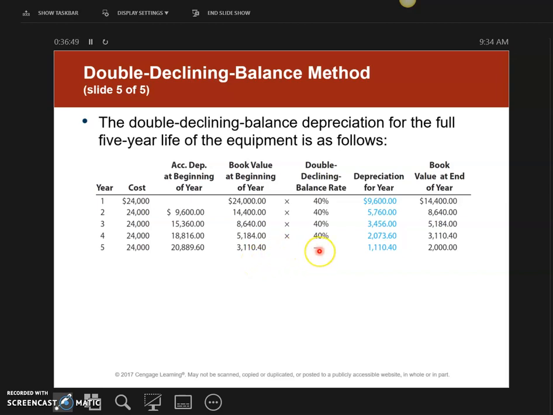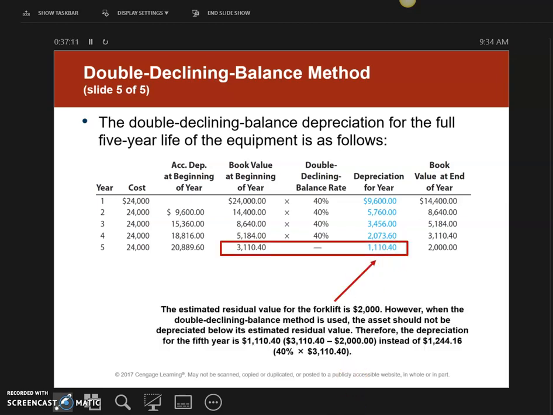However, if I times this times 40%, I'm going to make the book value drop below 2,000. So I cannot do that. I cannot take the whole 40%. I can only take $1,110.40 in depreciation. And what I want to show you is on this next slide.